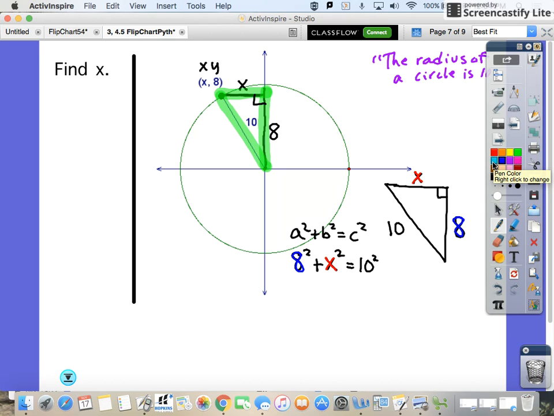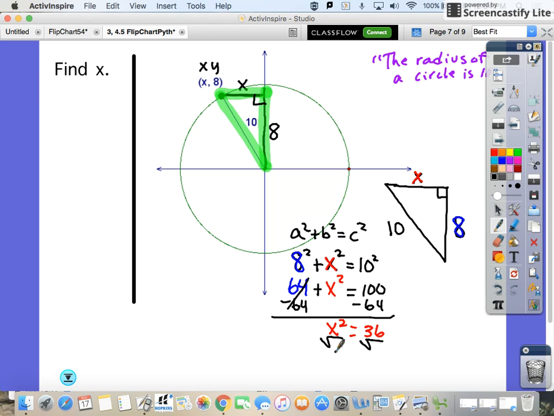So then what we need to do is simplify a little bit. 8 squared is 64 plus x squared equals 100. Then we'll minus 64 on both sides. We have x squared equals 36. Square root both sides. X is 6. So the value or the distance of that is 6.